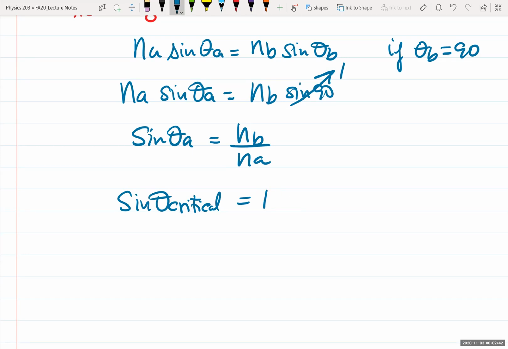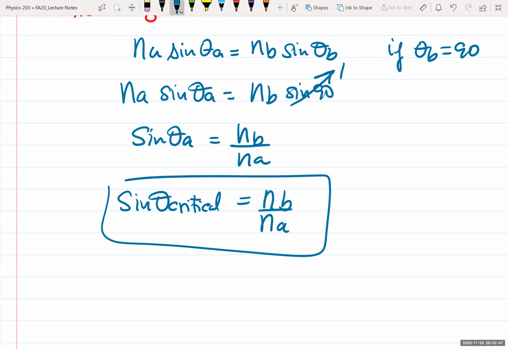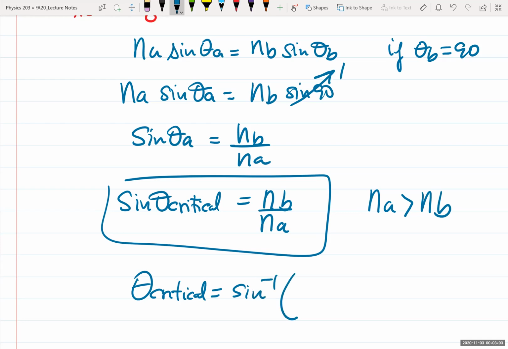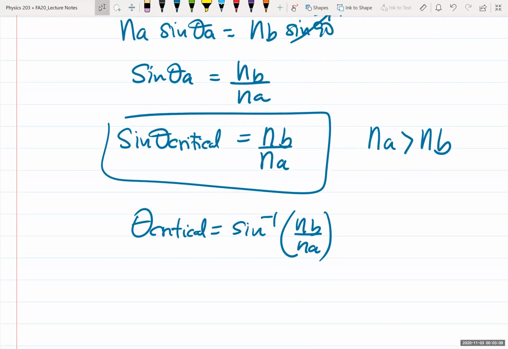Notice from this relationship that for this to work, N sub A has to be greater than N sub B. Otherwise you don't get a critical angle, because to find it you have to take the sine inverse of N sub B over N sub A, and the value inside that sine inverse has to be at most 1. It cannot be greater than 1, because then you don't get an answer.